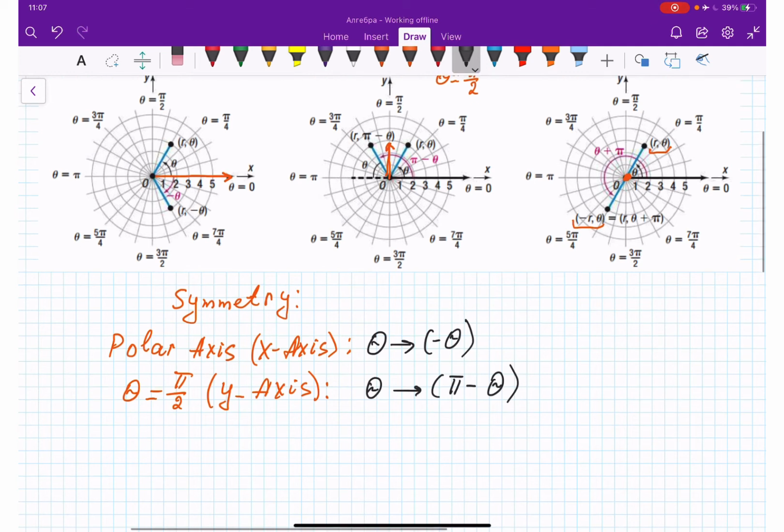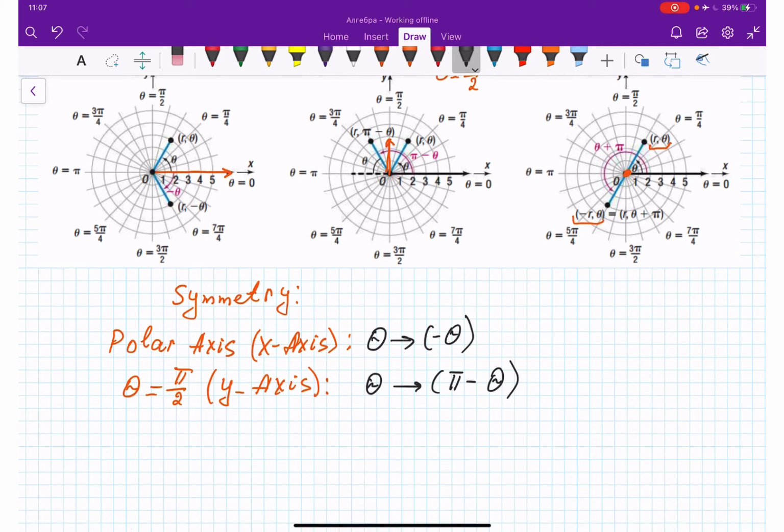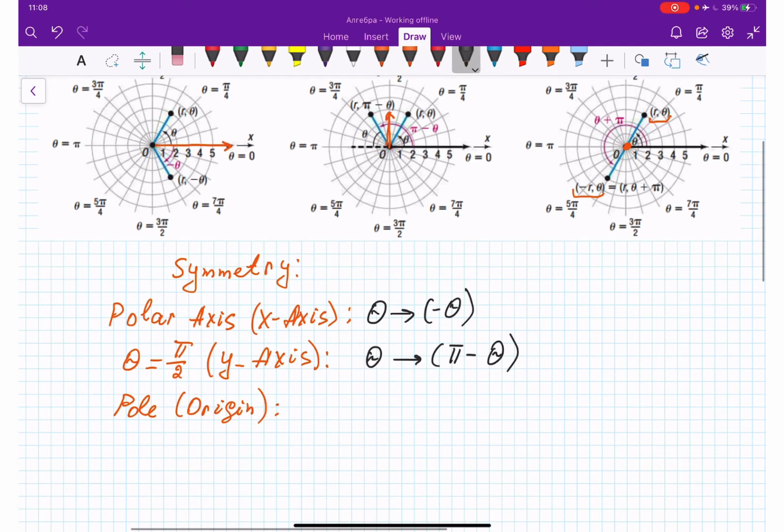And lastly, symmetry with respect to the pole, which is the origin. We replace r with negative r, or we replace theta with theta plus pi.